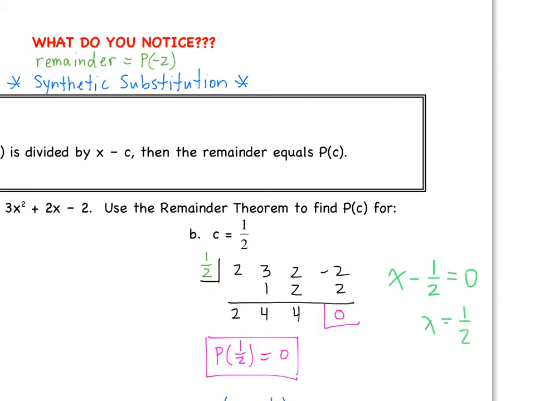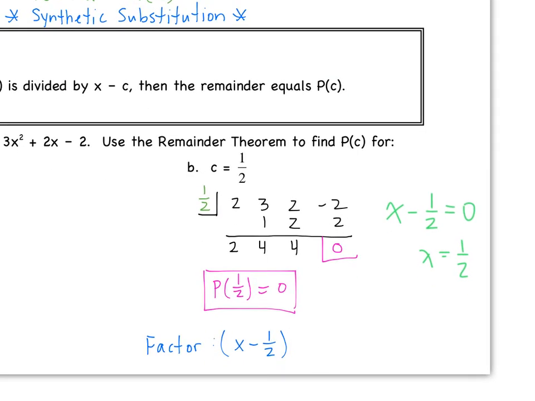And really what that means is that we have a factor, that x minus 1/2 is a factor because what we essentially did was we divided by this binomial, okay? And when we did that, we got a remainder of 0. So that means this factor goes into our original polynomial evenly without any remainder. So that's going to leave us with a factor of x minus 2.